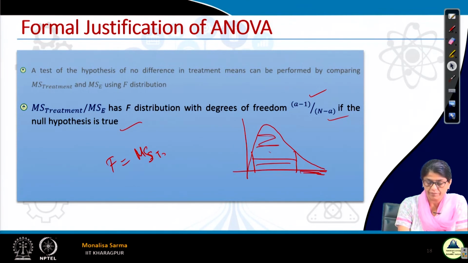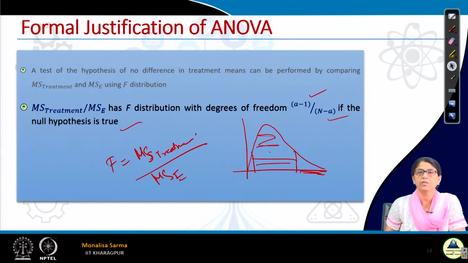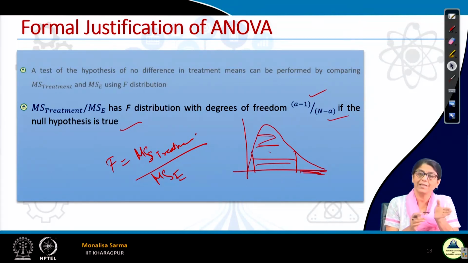MS treatment divided by MSE. F value will never be smaller than MSE. It is not possible to be smaller. Why? Because whatever variance is there, it is there. How can we get lesser than that?